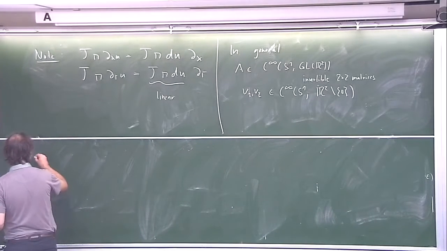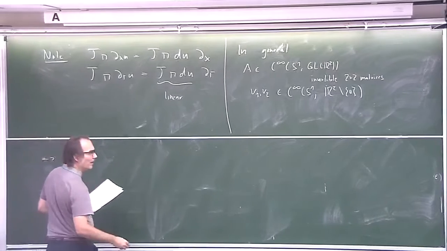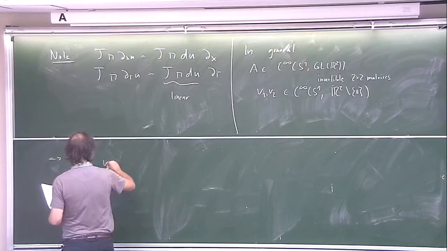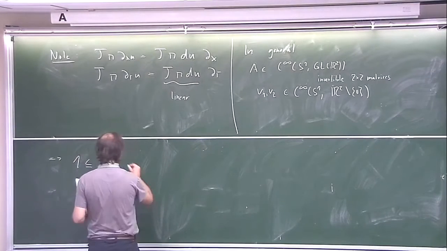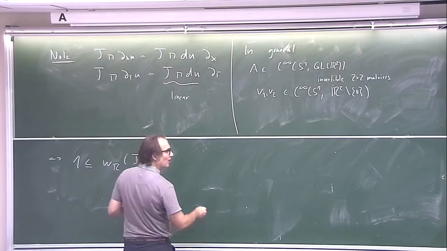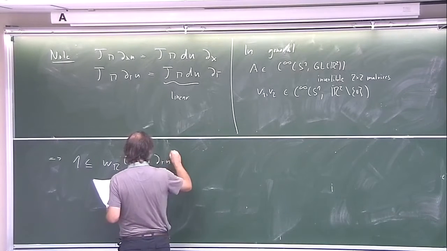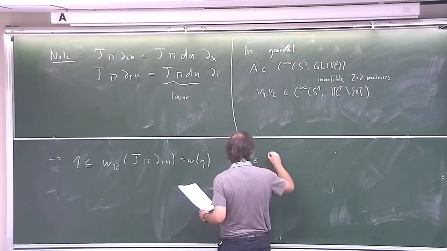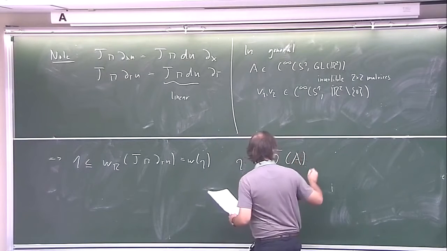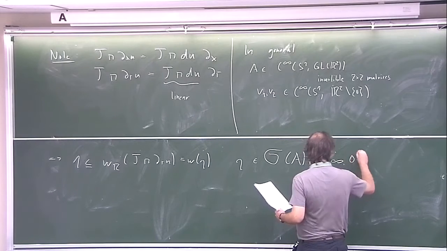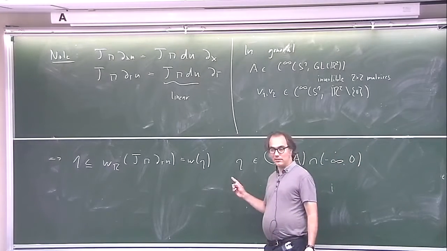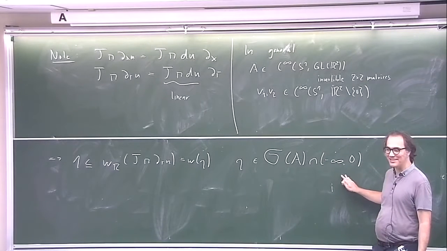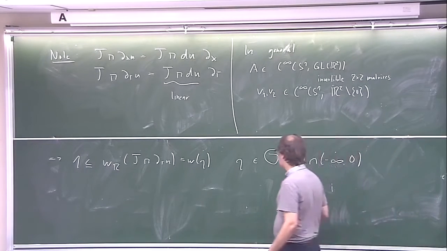And so it also follows that 1 is less than or equal to w eta, where eta is the asymptotic eigenvalue, and this is negative. We all know that eta is negative. So this is the asymptotic eigenvalue.